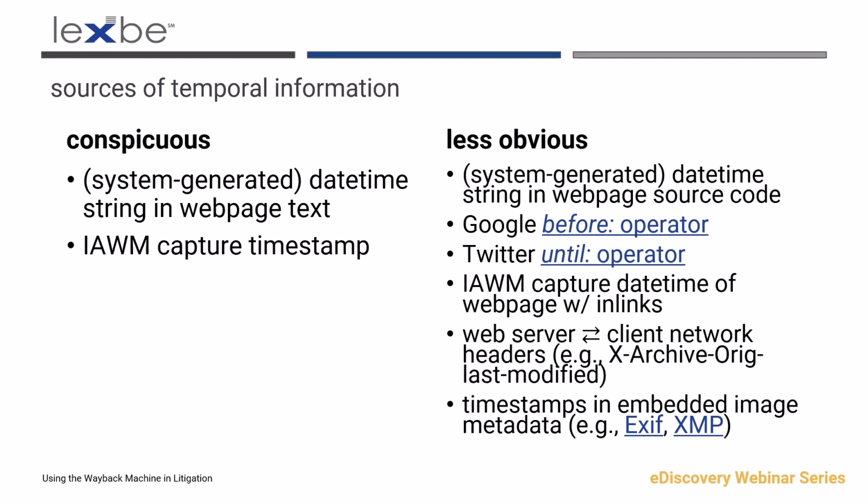The Internet Archive's crawlers cache, and the Wayback Machine replays, the original network communications with the server of the captured website. This information may include attestations from the web server as to when captured web content had last been updated. Lastly, images specifically may have embedded metadata that includes timestamps. This isn't an exhaustive list of techniques, but they are good places to start.